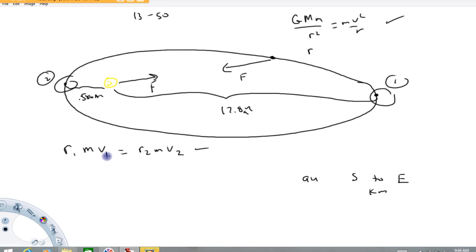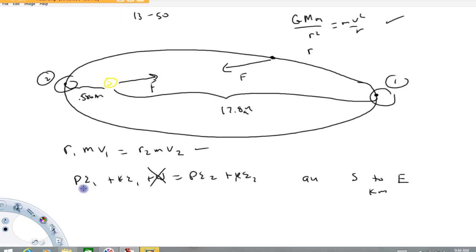We can also do an energy consideration. If I write out an equation for the energy at position 1, we have PE1 plus KE1, remember the work-energy theorem, plus work from 1 to 2 equals PE2 plus KE2. There are no external forces acting on the system doing work.